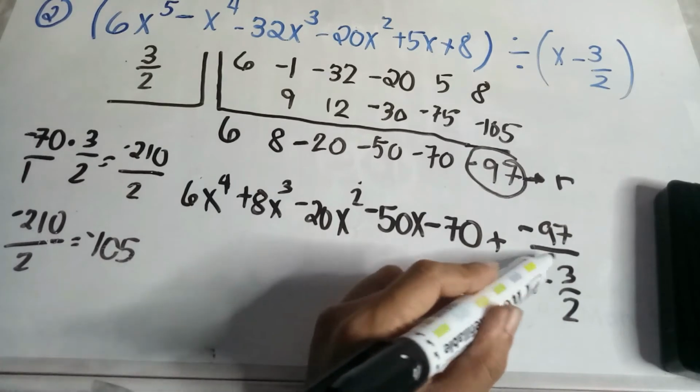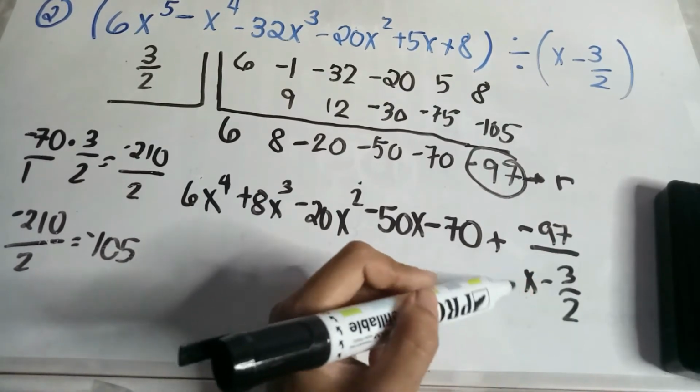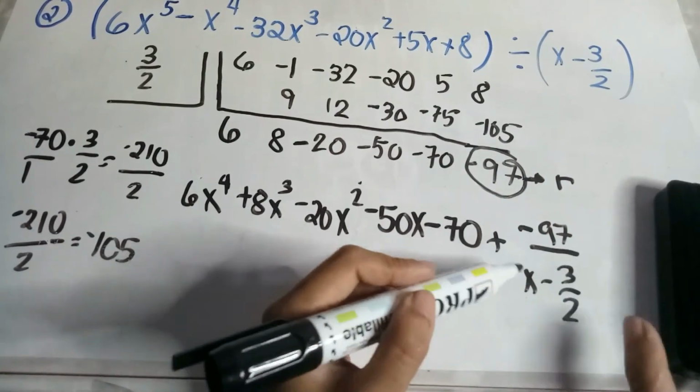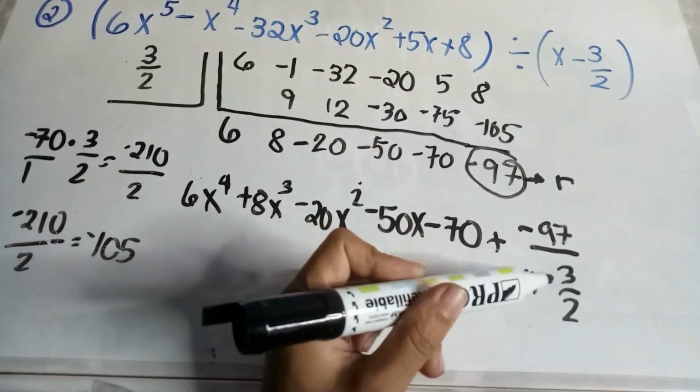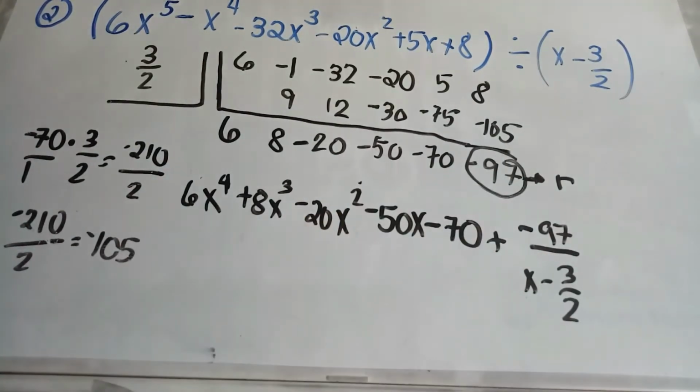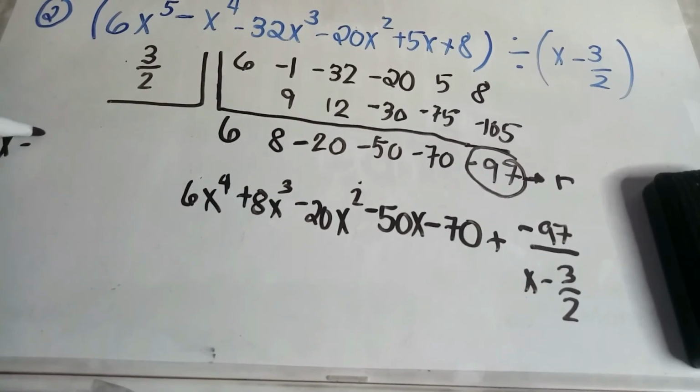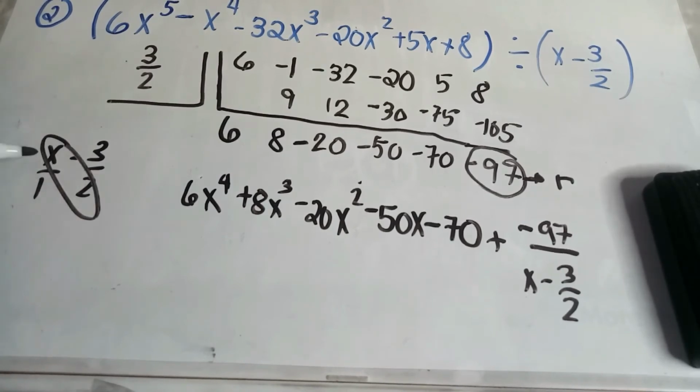So let's simplify this. Let's simplify x minus 3 over 2. Just put 1 here. Different denominator. Let's use the butterfly method. So we have x times 2, that is 2x, put it here.